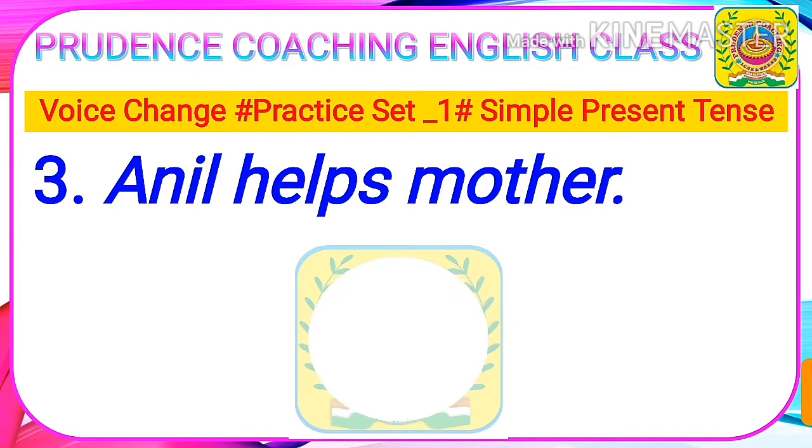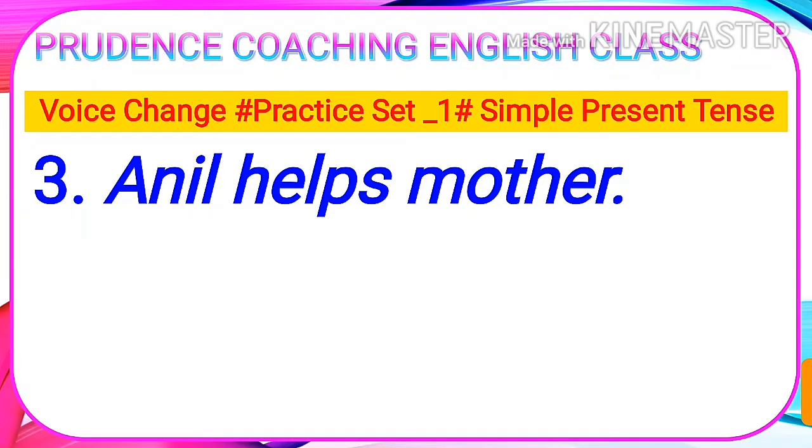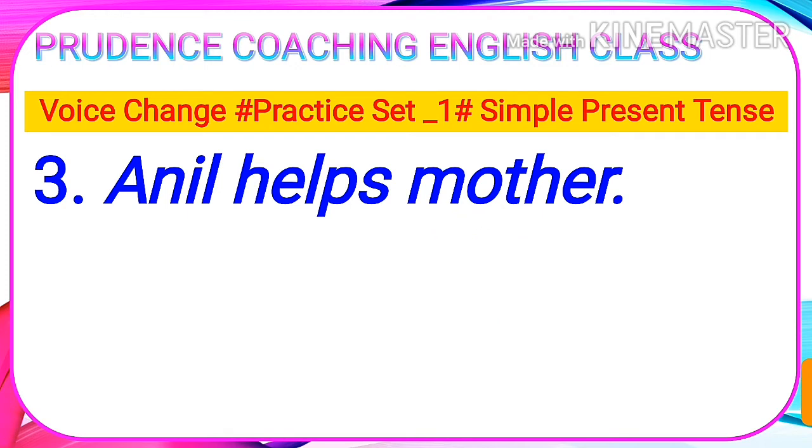Anil helps mother. Start. Time's up. Anil helps mother. Here Anil is the subject, helps is the verb, and mother is the object. As you can see, here Anil, which is the subject, is the doer of the action, so the statement is in active voice.